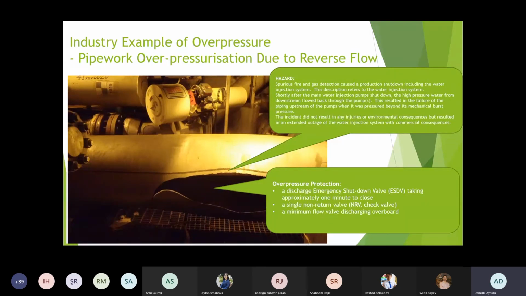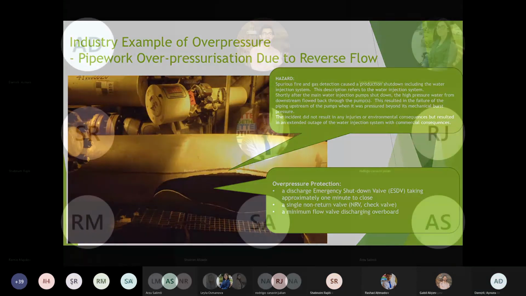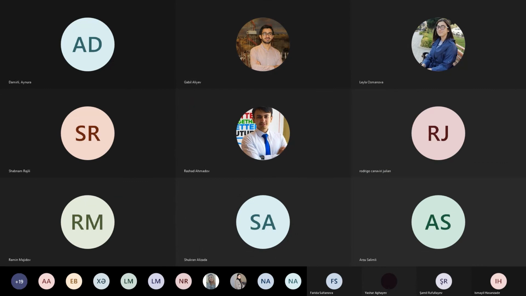Non-return valves as a protection were identified as safety-related devices. The maintenance regime involved inspection only, with no performance testing.